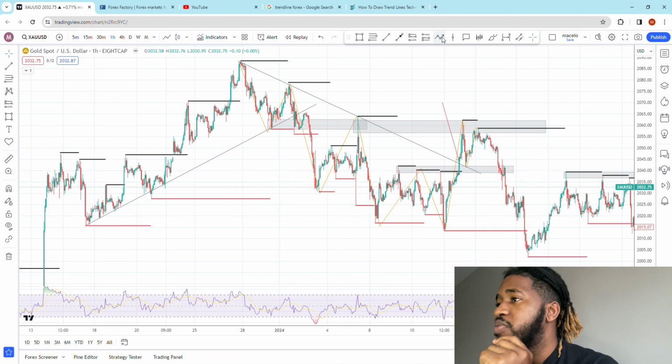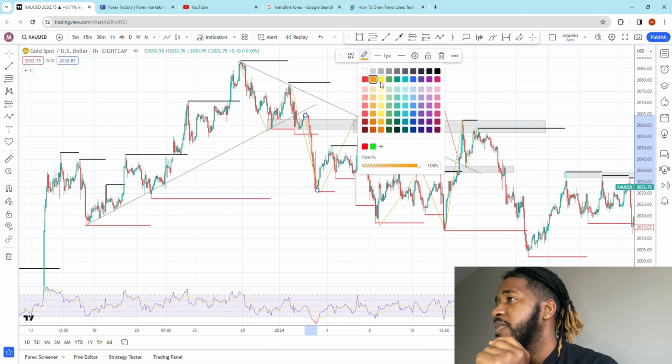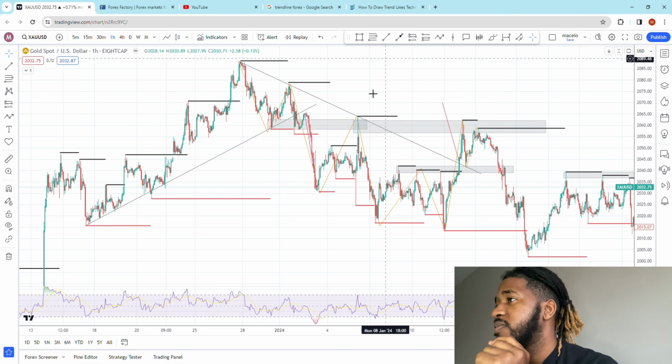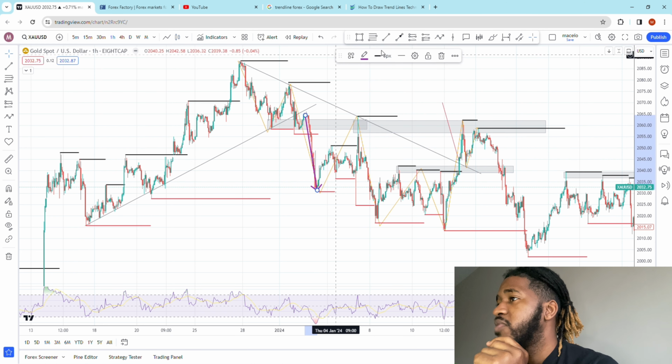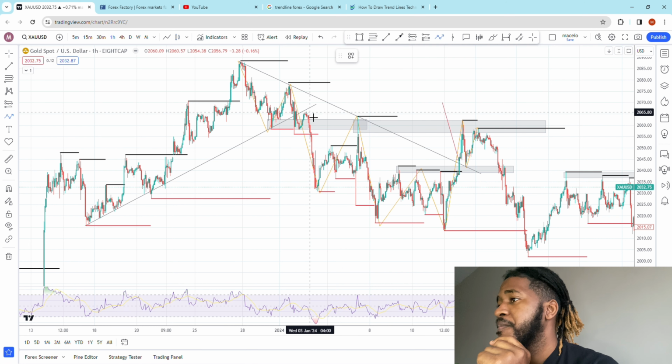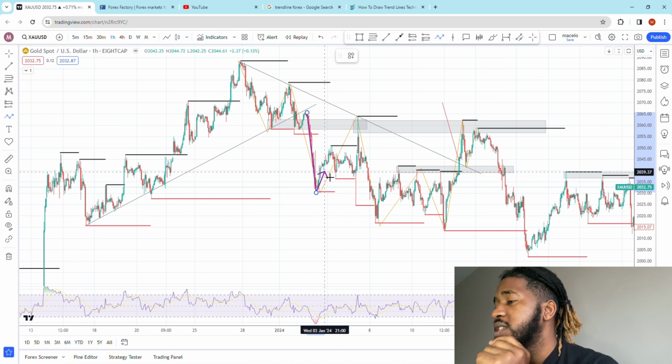So although you see price broke this area here, let me make this a little thicker so you can see in a different color. Alright, so you see price broke this area here. Before it starts making new structures and new lows, I see if price can pull back to this area.